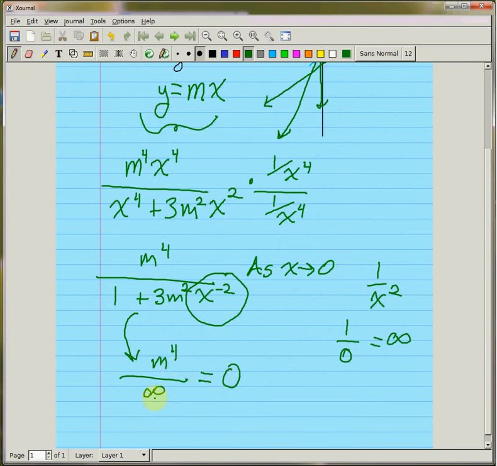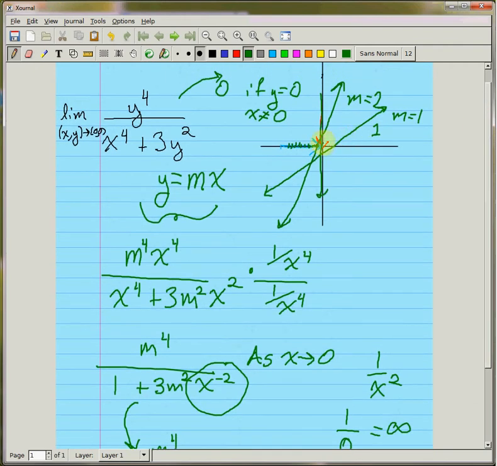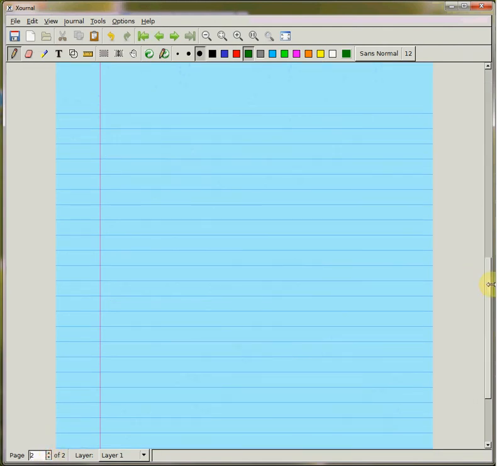So something over a really huge number is 0. So what we just showed is that even if you approach the origin along any line, it's still the case that the limit of this expression is going to be 0. Now that's not a proof that the limit really is 0, but it is evidence.